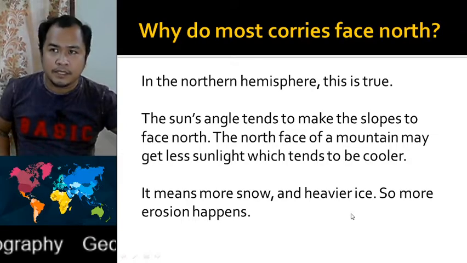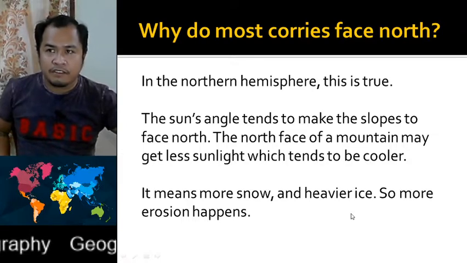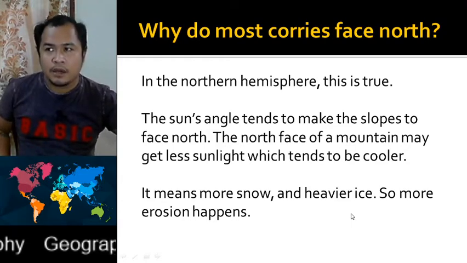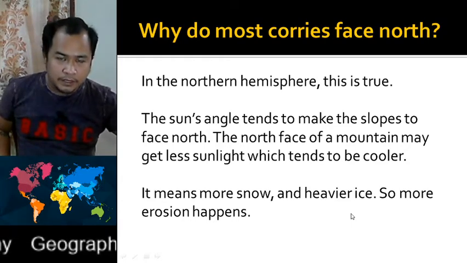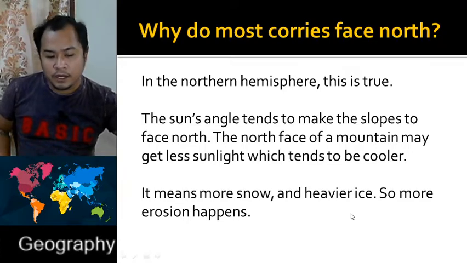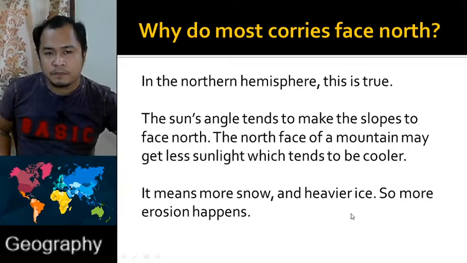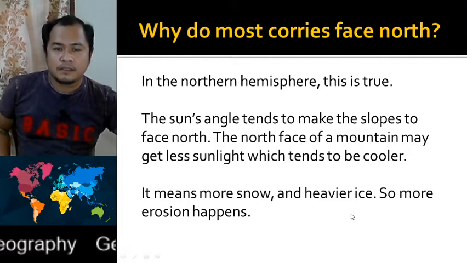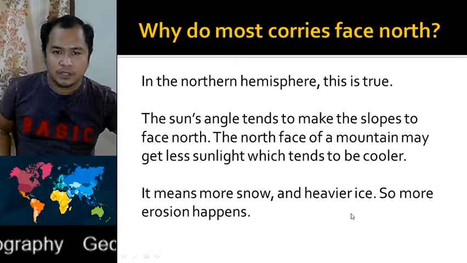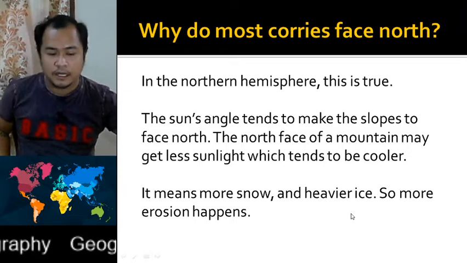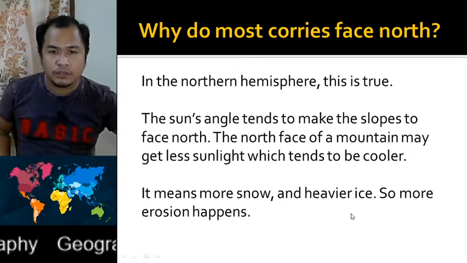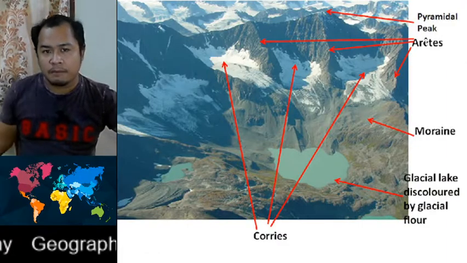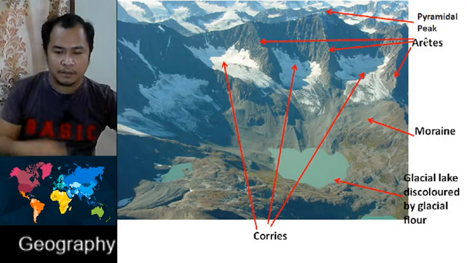So imagine the mountain with one side having more sun and the other side having less sun. The side with less sun will tend to be cooler, and when that happens, more snow and ice will deposit, making it heavier, and then glaciers will start to move and erosion will start to happen. This is true in the northern hemisphere, but if you go to the southern hemisphere, it's the opposite way.